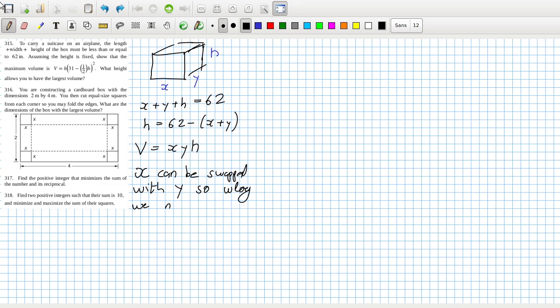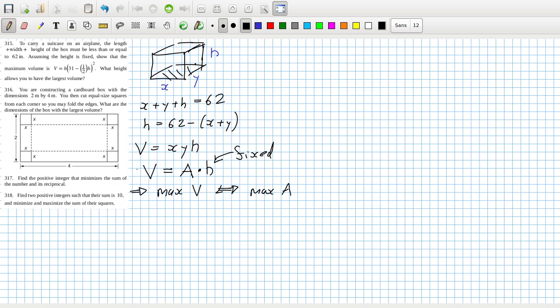I think I know what they're getting at. So I think what would be better would be to say the volume would equal the area times the H. And if that is fixed, then a maximum volume would correspond to a maximum area on the base.